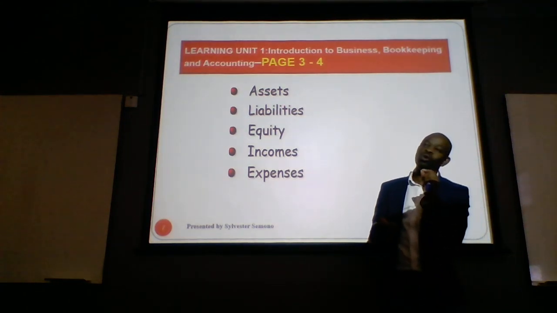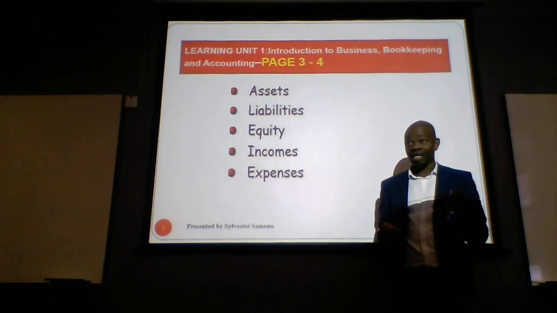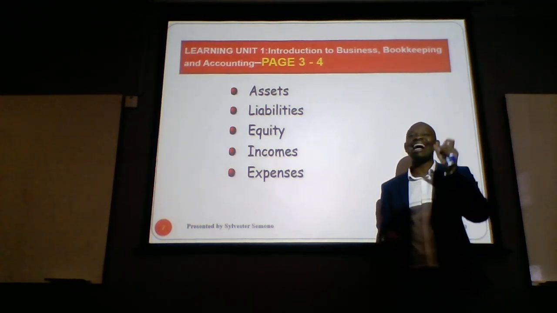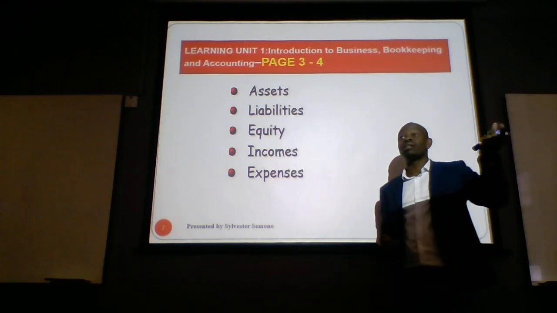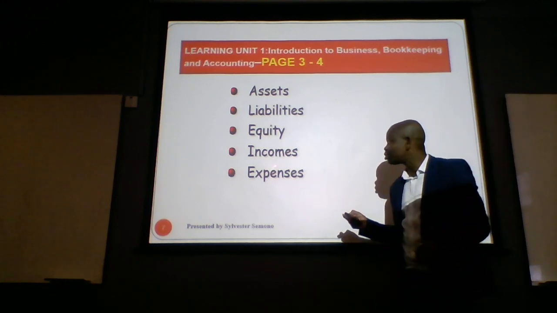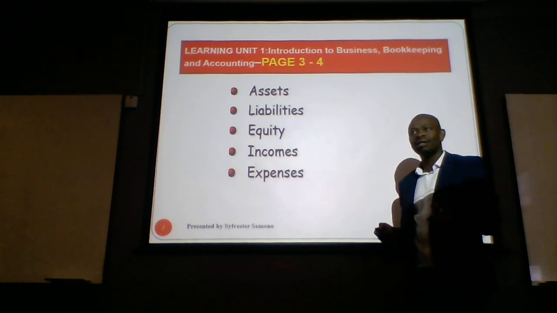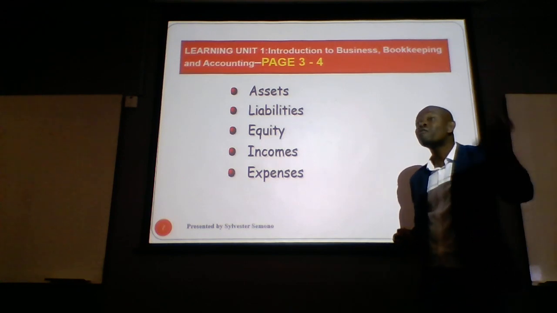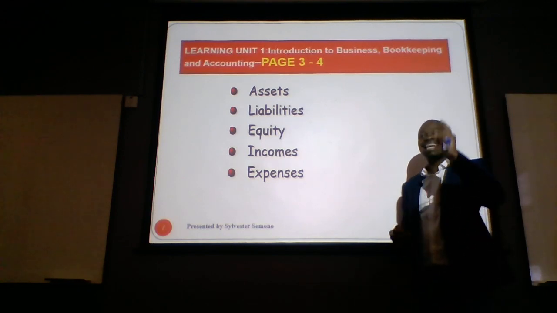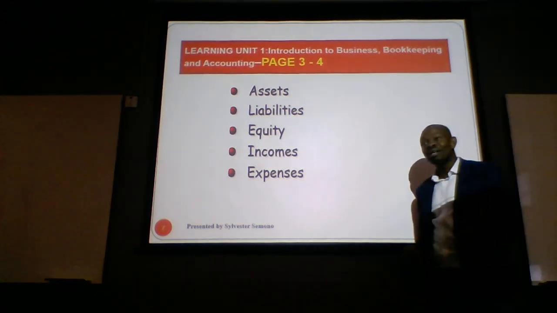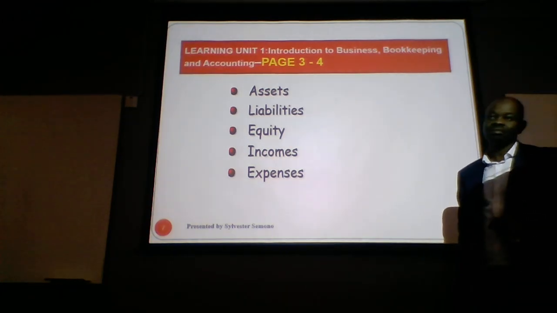But you said you don't know whether it's current or non-current. Normally, the non-current assets are there for a longer time. Like a building, you use it to generate what? Income. But the money in the bank is not what? Long term. Why? Because it changes within a short space of time.